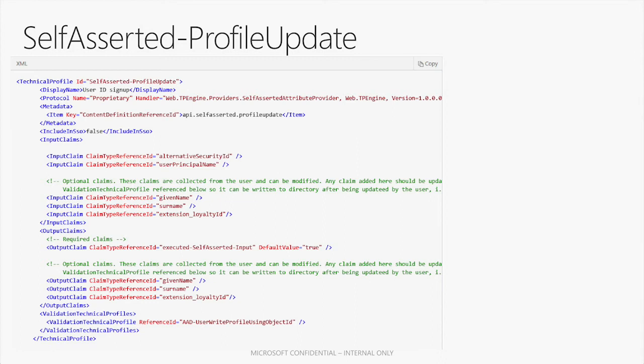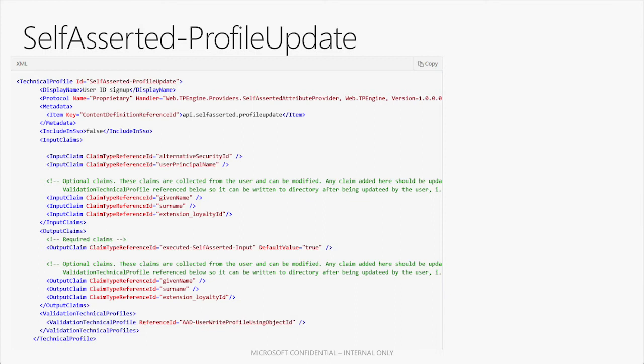There is still that small window within which that username can be taken. And that happens more commonly with tenants that have a large number of users, and the username is a common username like John or Tom. So to avoid that problem, you will see that all of our self-asserted providers will immediately try to do a user write.